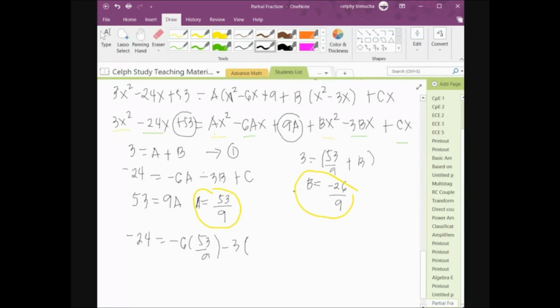Thank you, sir. So next, we have negative 3. Substitute the value of B that we got, which is negative 26 all over 9. So just perform the operation plus C. So what is the value of C?